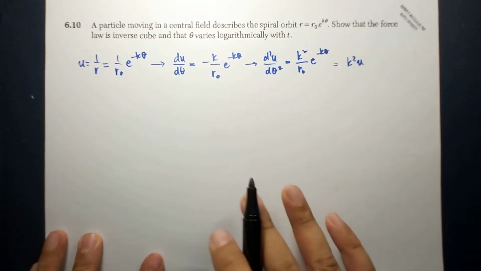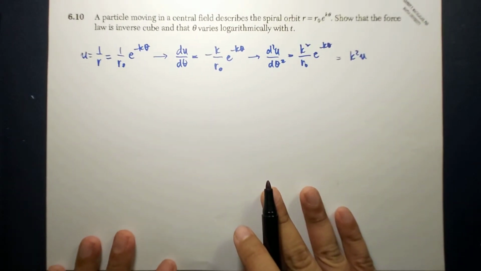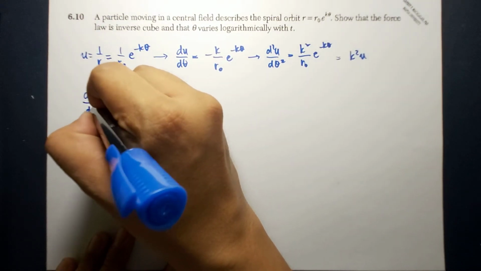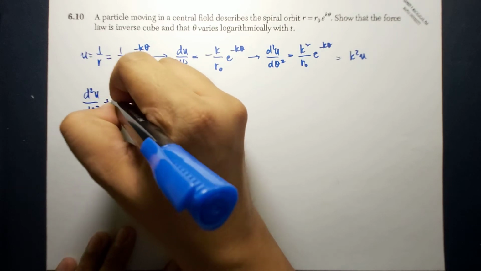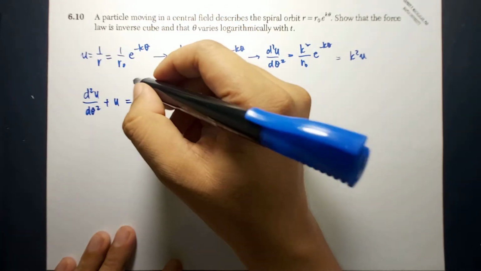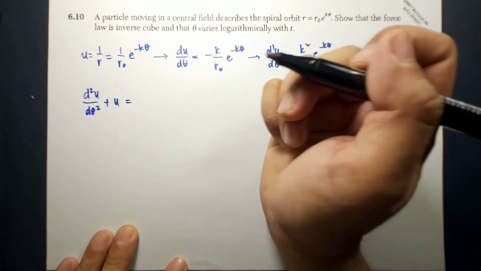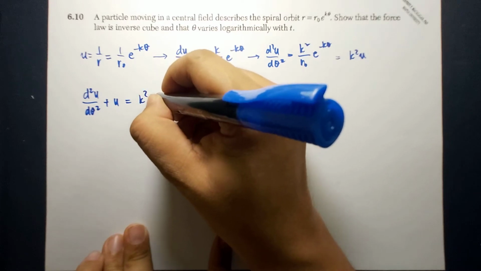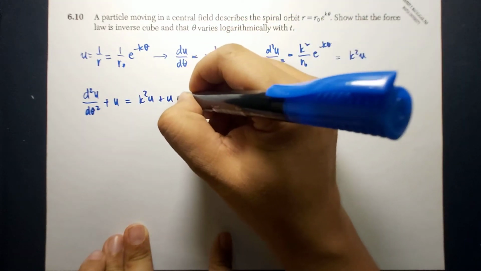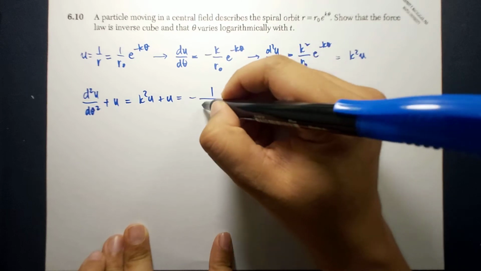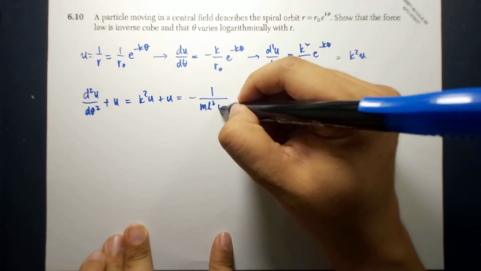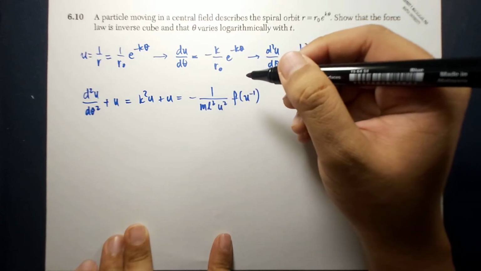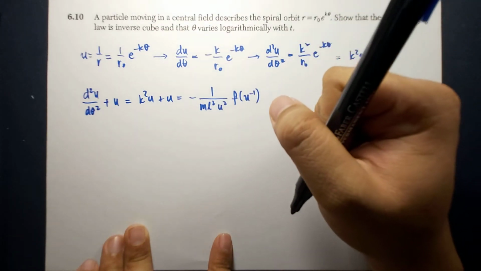So, simple. The equation of motion becomes, which is defined as the second derivative of u with respect to theta plus u, equals k squared u plus u, and this is equal to negative 1 over m l squared u squared times f of 1 over u.